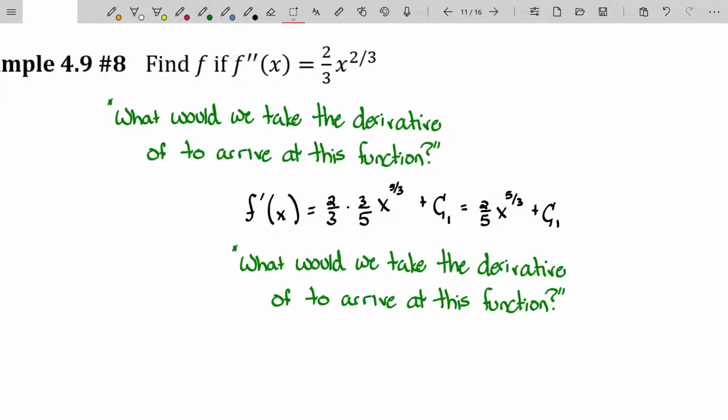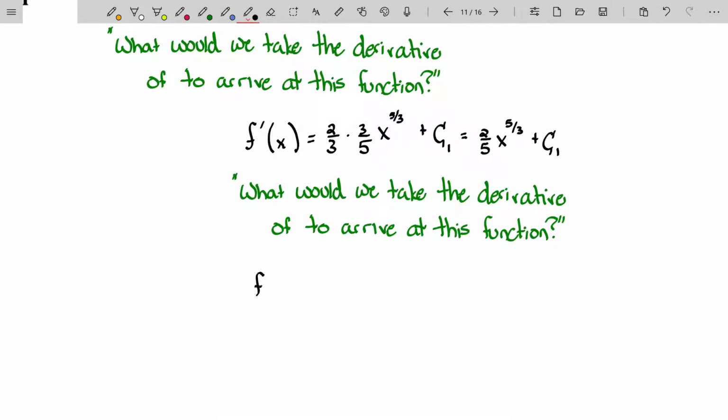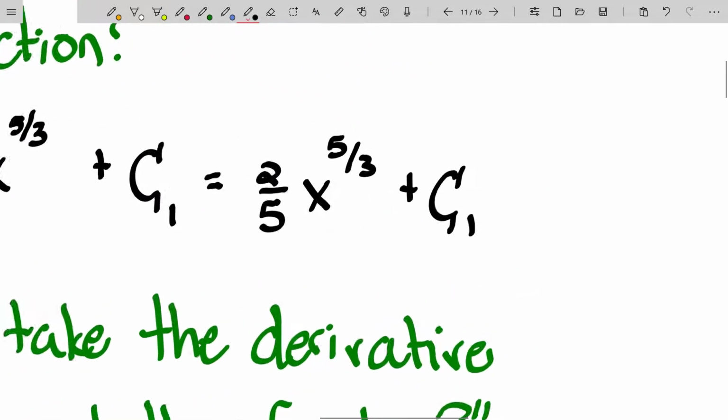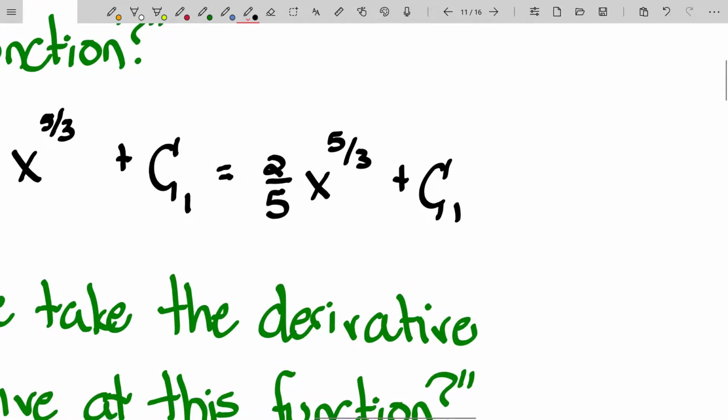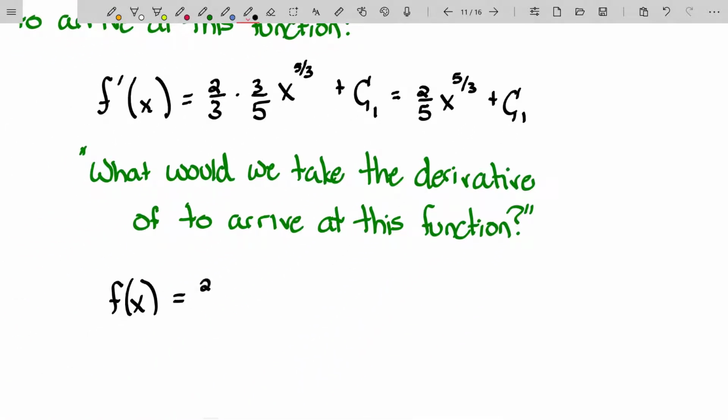And then we again ask ourselves, what would we take the derivative of to arrive at that function? Because we want what f is, not what f prime is, but we want to go up the ladder yet one more step. Well, going up the ladder one more step, f of x, which is the antiderivative of f prime, is going to equal, well, here's f prime right here. We're going to take the 2/5, so let me go ahead and write 2/5.